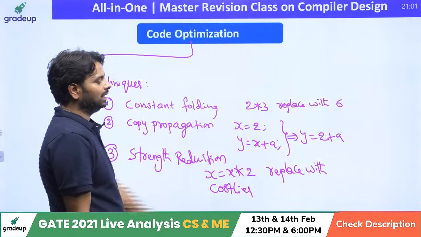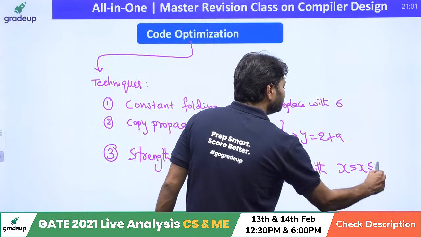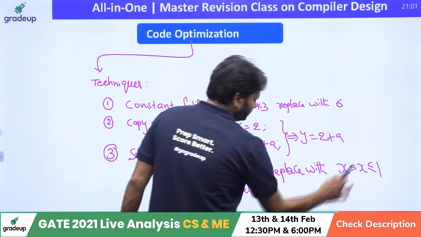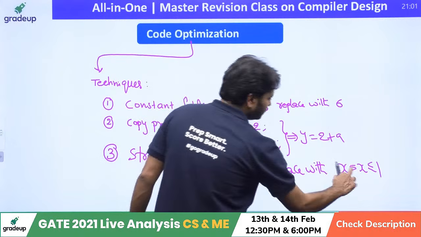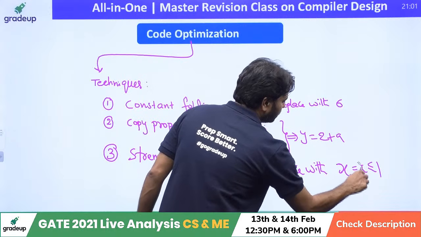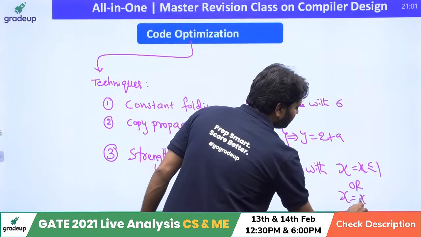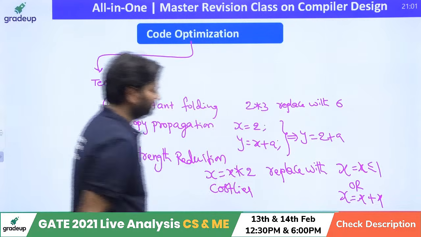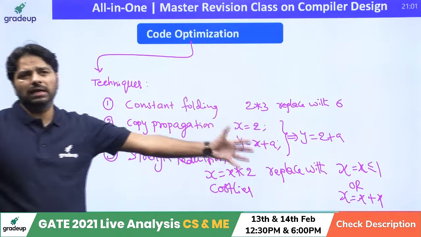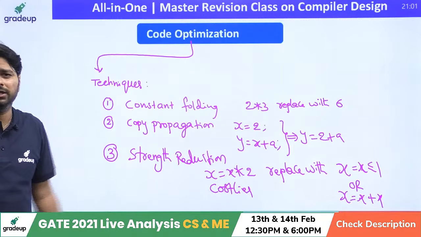The costlier instruction you can replace with x is equal to x left shift by 1 bit, or you can replace with x is equal to x plus x. So there are so many cheaper ones. You can replace costlier with cheaper. That's called strength reduction.